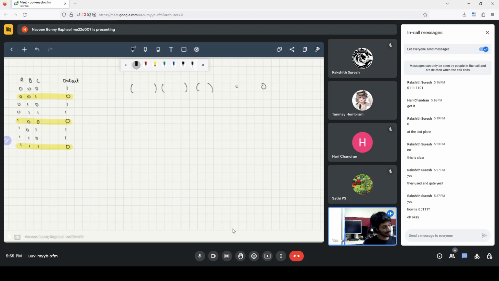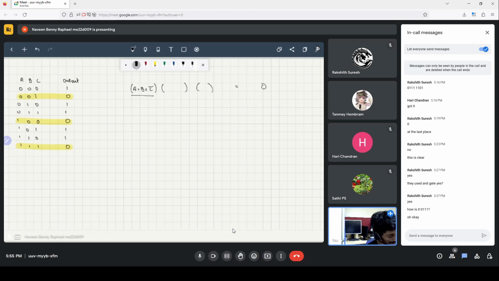So in this case, we want A to be 0, B to be 0, and C to be 1. If C has to be 1, we'll take the negation of C. So A plus B plus C negation will be 0 only at this point.